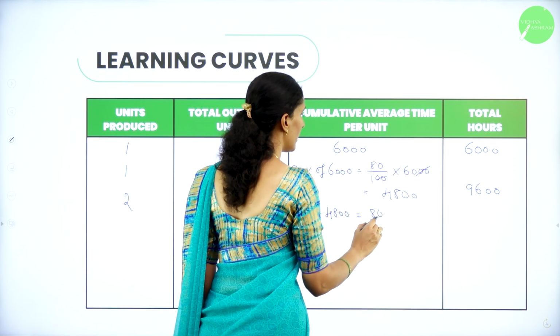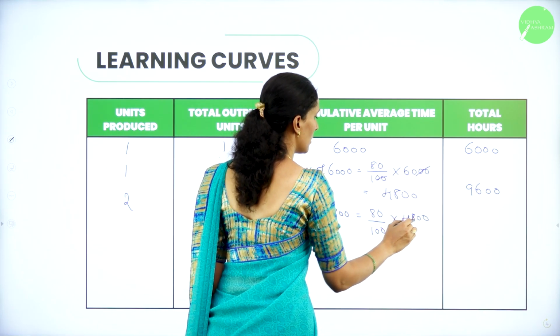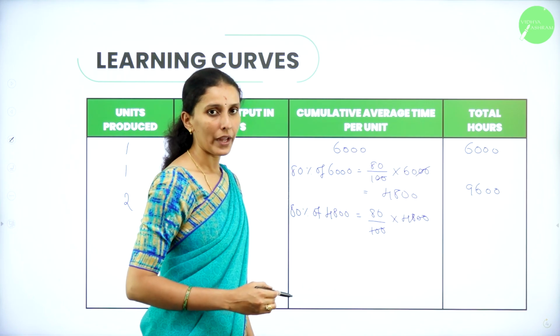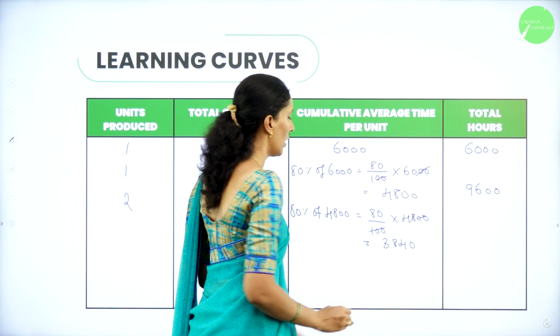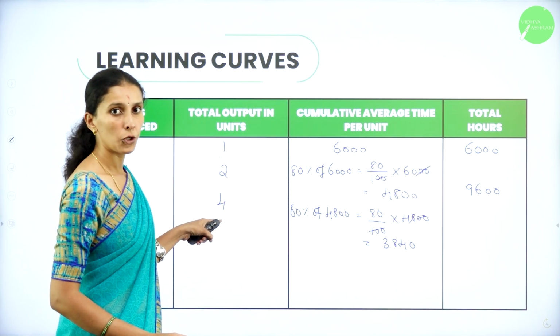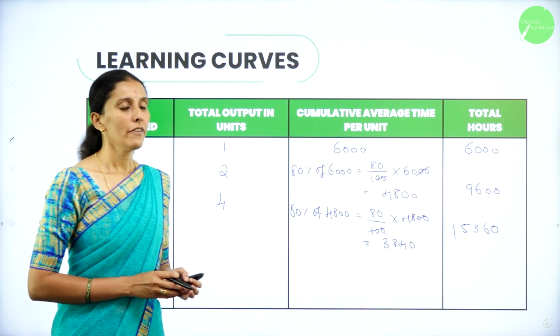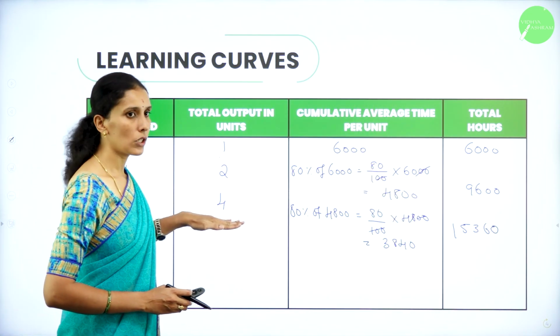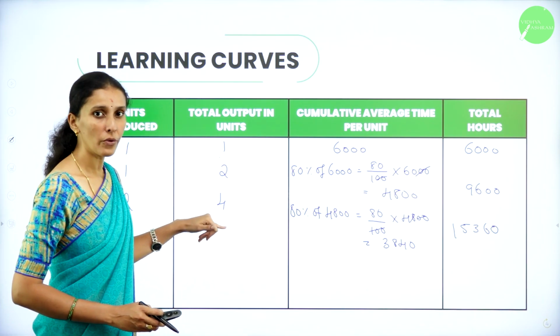That is 80 by 100 into 4,800. So 48 into 80 is equal to 3,840. Now 3,840 into 4, that is 15,360. Now I'll stop here because the total output we have to find is 3. Now we have found it for 4.